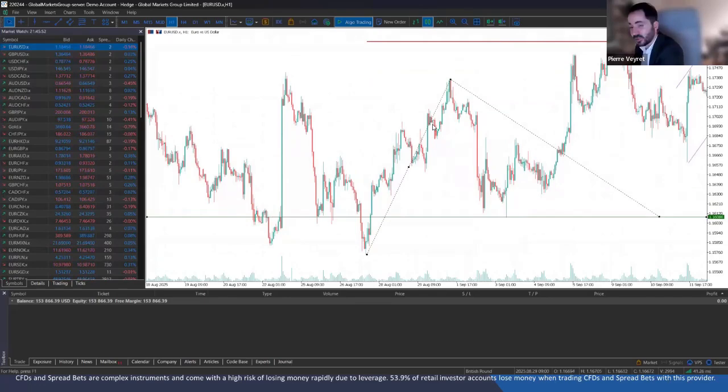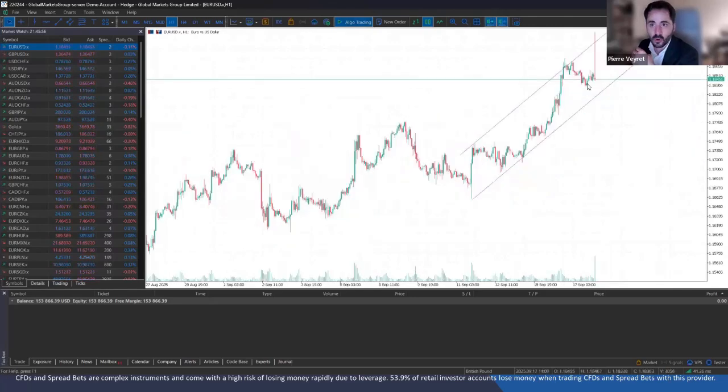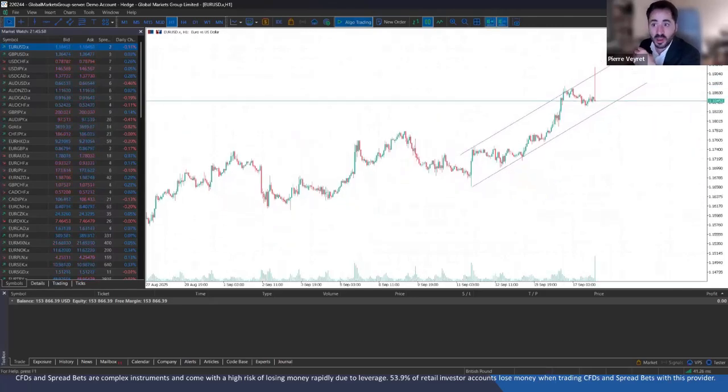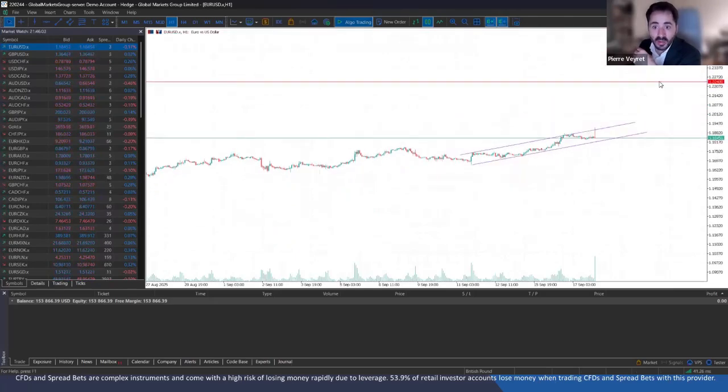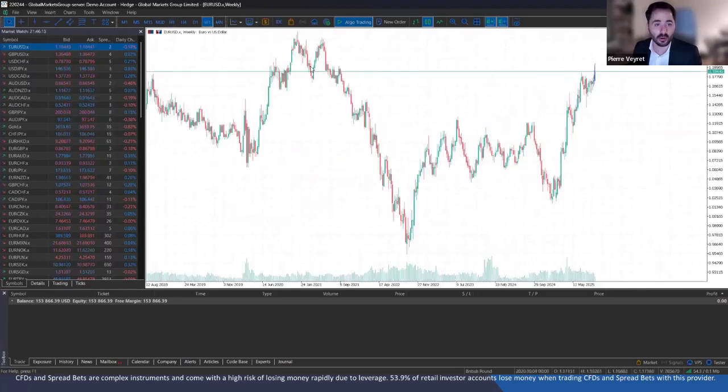And actually, this is especially true for the current context that we have right here, because here, look, the market is trending higher, but you don't have any. Let me remove this one. You don't have any areas that the market has already recognized, unless you go to higher time frames like weekly or stuff like this. And actually, the only support that we have is this one right there.